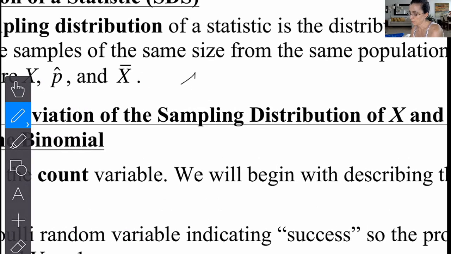So sample proportion, P hat, is not the number of successes out of n trials, it's the proportion of successes out of n trials. In other words, I'm going to take the number of successes, which I'll use the variable x to represent, and I'll divide by the number of trials. That's P hat. Right? And you'll see that again and again.